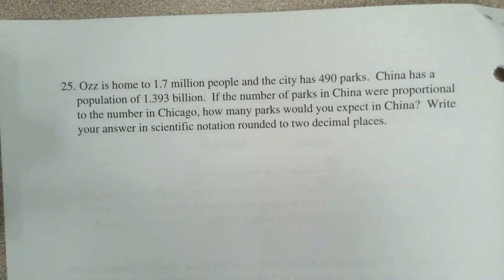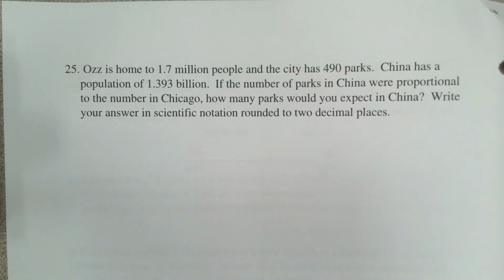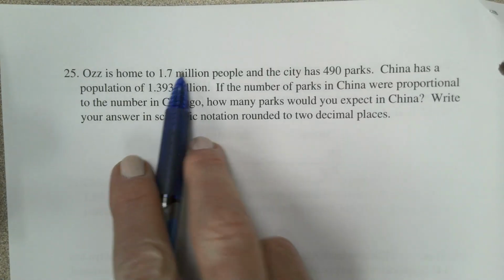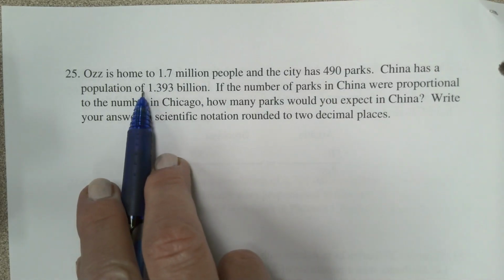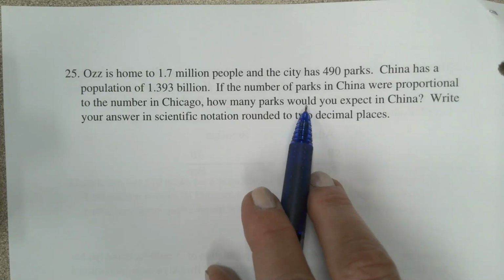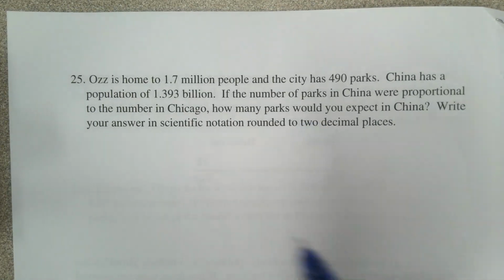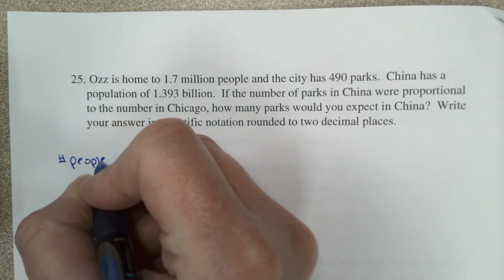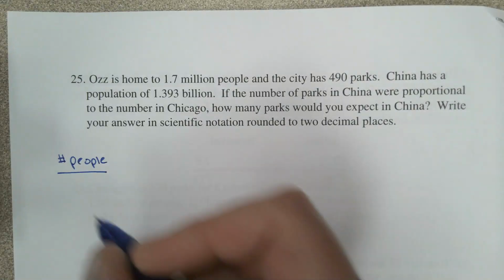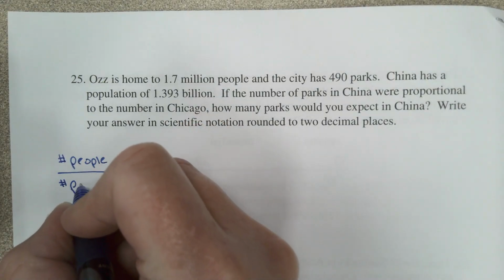I'm going to do one more. All right, so Oz is home to this many people and it has this many parks. China has this many people. How many parks do you expect them to have? So when I set it up, I am going to set it up with a ratio of people to parks.